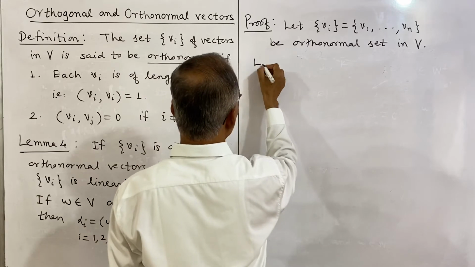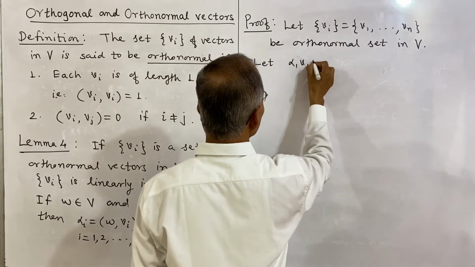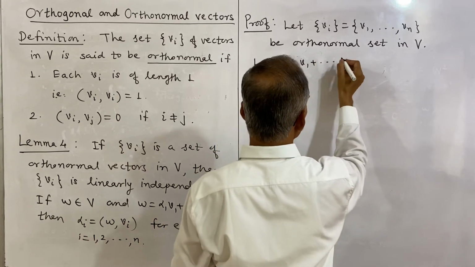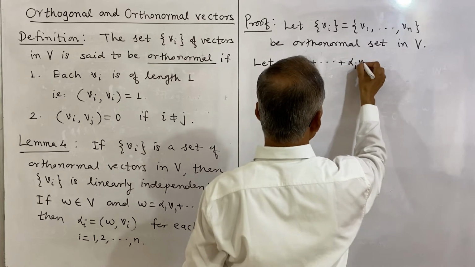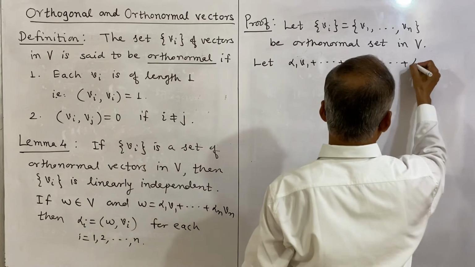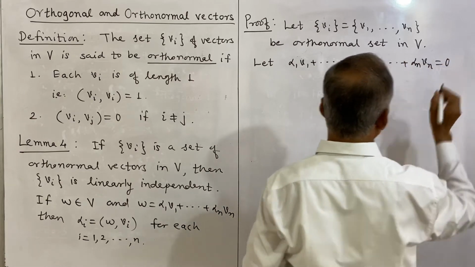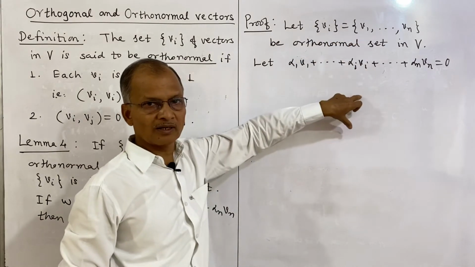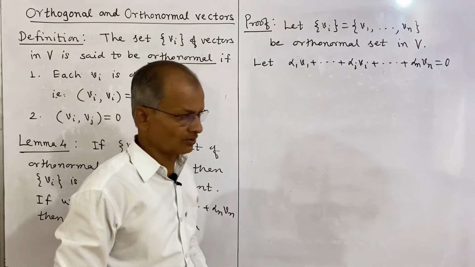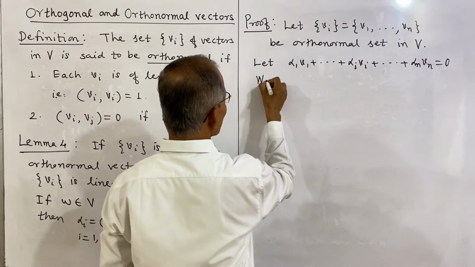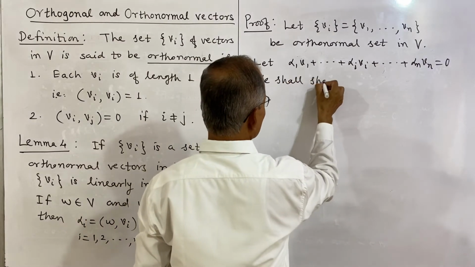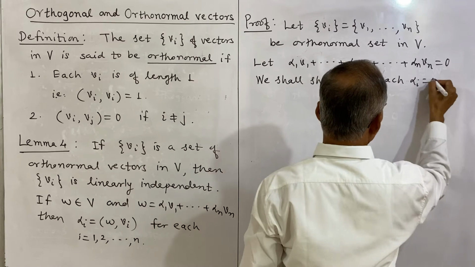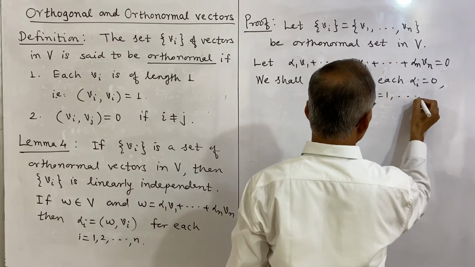Let alpha 1 v1 plus so on, alpha i vi, plus so on up to alpha n vn, be equal to 0. When this combination is equal to 0, the set will be said to be linearly independent if each alpha is equal to 0. We shall show that each alpha i is equal to 0, i taking values 1 to n.